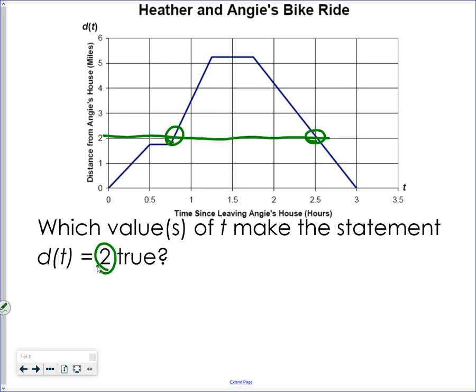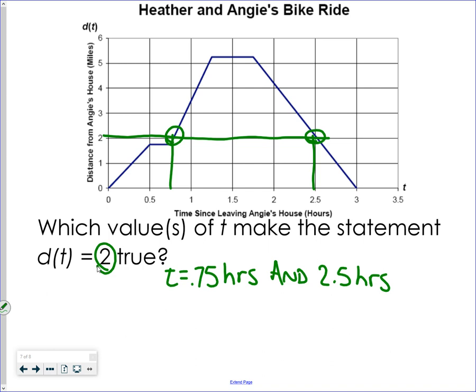So this is probably about 0.75. So that's at about 45 minutes. And then it looks like this other one is probably at 2.5 hours.